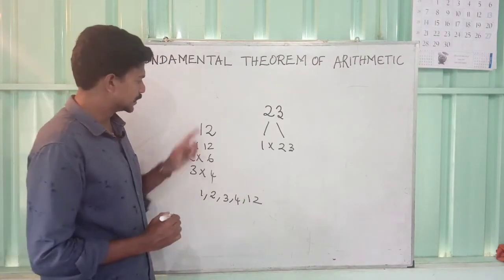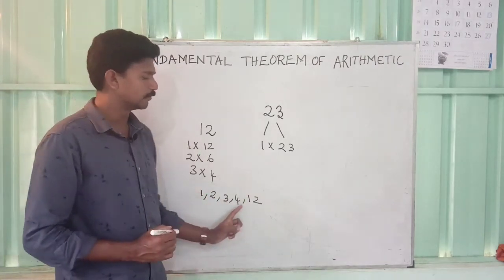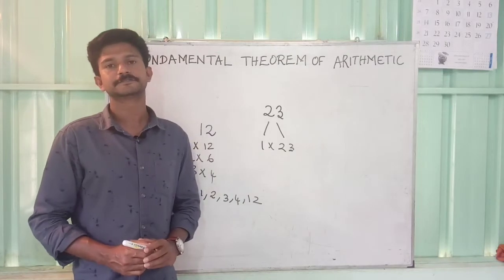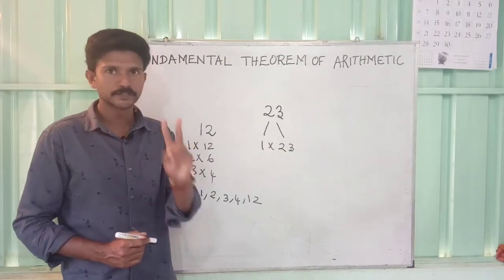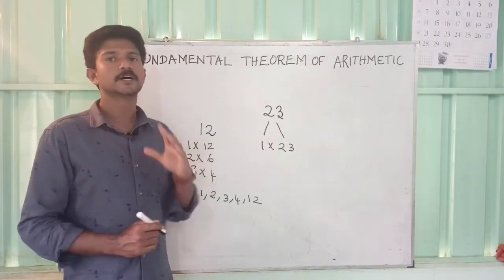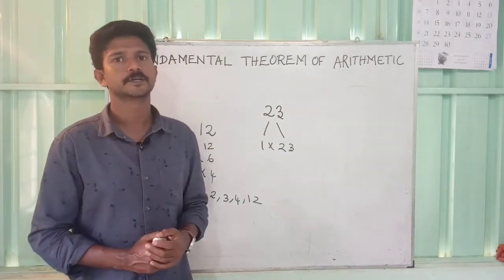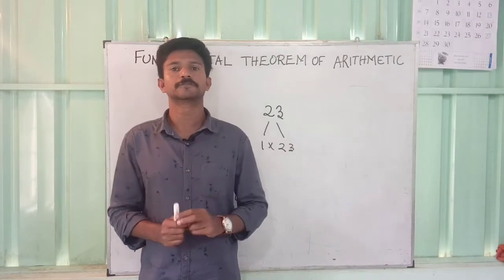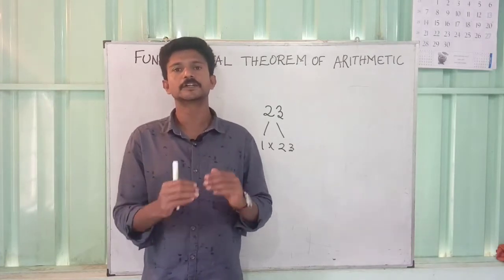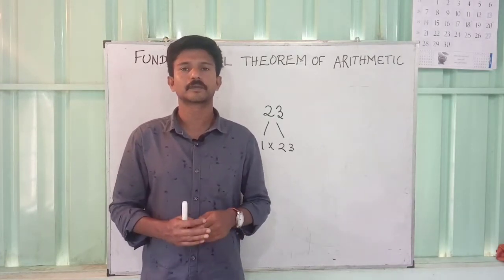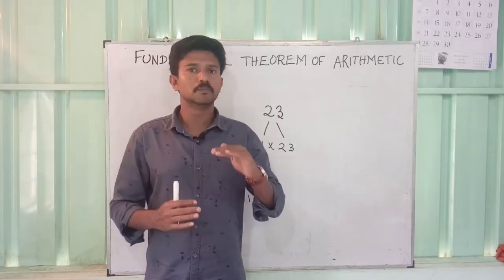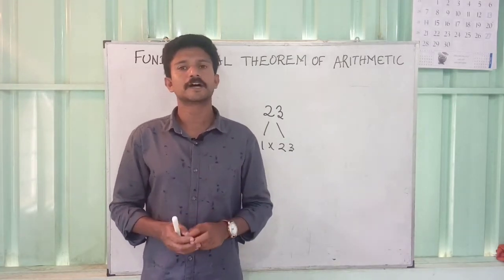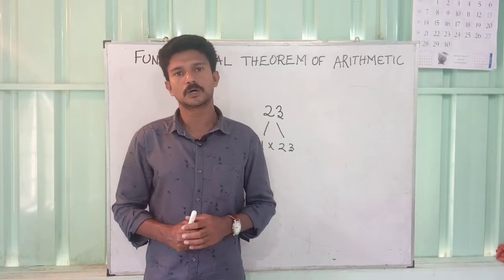That is more than 2 factors, so 12 is a composite number. If a number has only 2 factors, 1 and itself, it is called a prime number. A number with more than 2 factors is called composite.